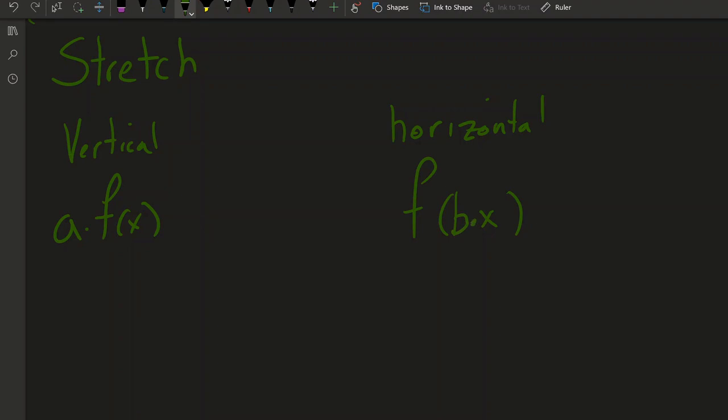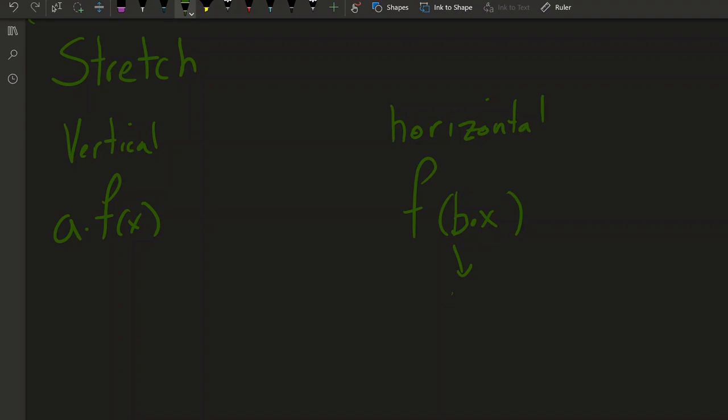Now, this one's a little bit tricky because just like the translation earlier, it does the opposite of what you would think. So, if I multiplied for a vertical stretch by a, it would be vertically stretched by a factor of a. But if I multiply horizontally, if I multiply the input by b, it will stretch or shrink by the reciprocal of this.